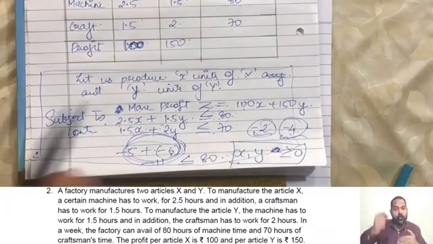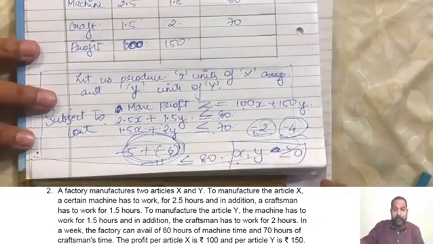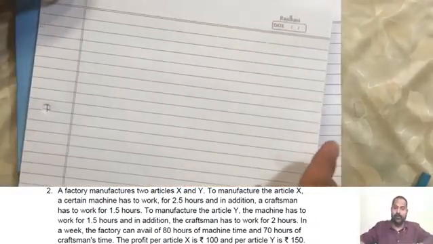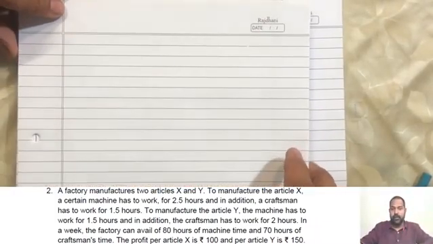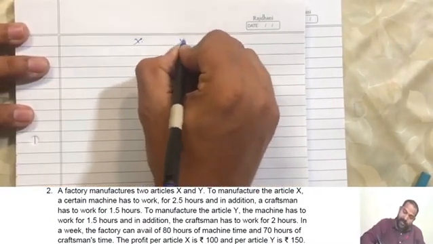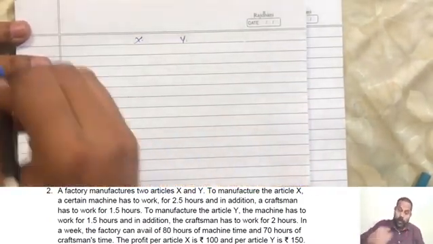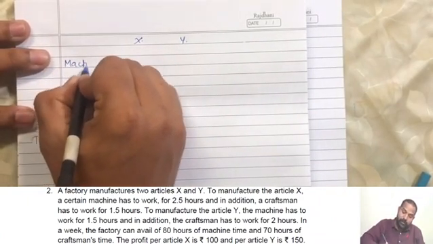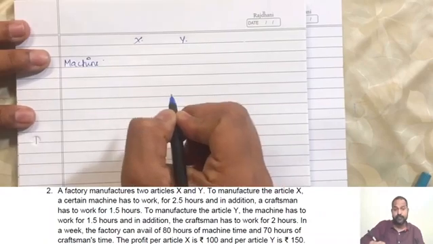Now I'm going to do this one last time, but I am now going to write this as cleanly as possible. I read two things, x and y. So I'm going to manufacture x and manufacture y. To manufacture x and manufacture y, I need a machine to work.